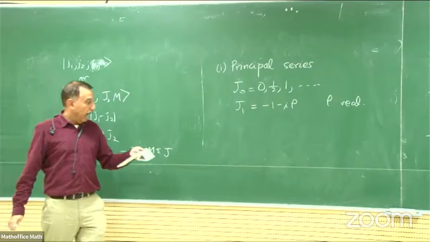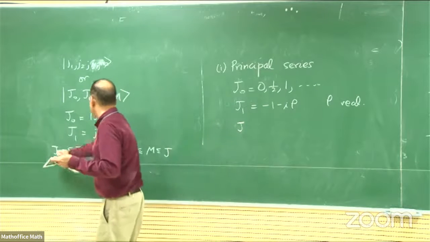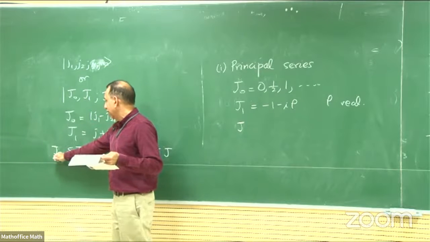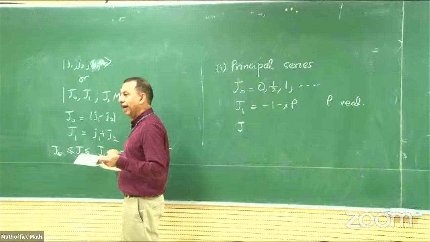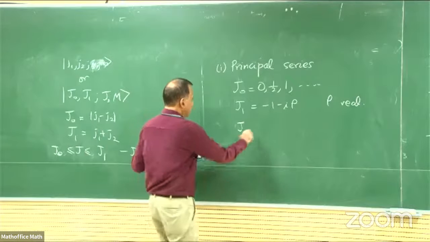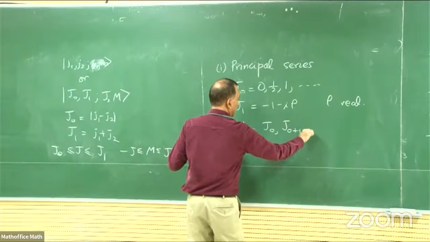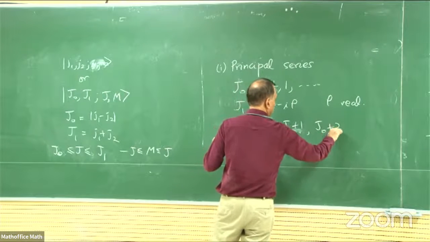Okay. And then J, which is supposed to lie between these two, now it becomes a bit complicated to lie between a real half integer and a complex number. So it only satisfies the lower bound of that. So J starts at J0, which was J min, and J0 plus 1, and then just goes on forever.